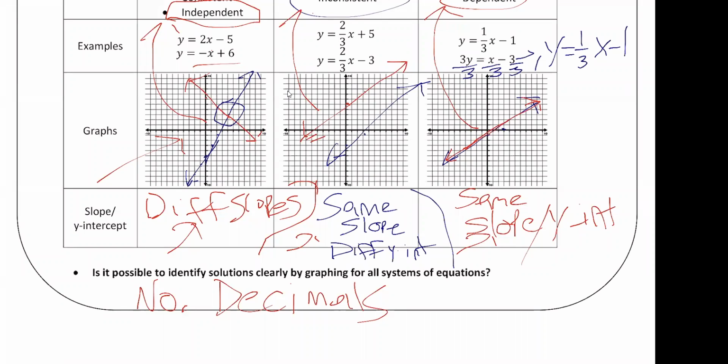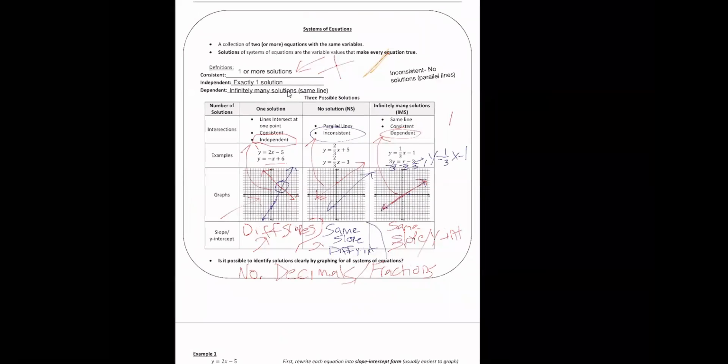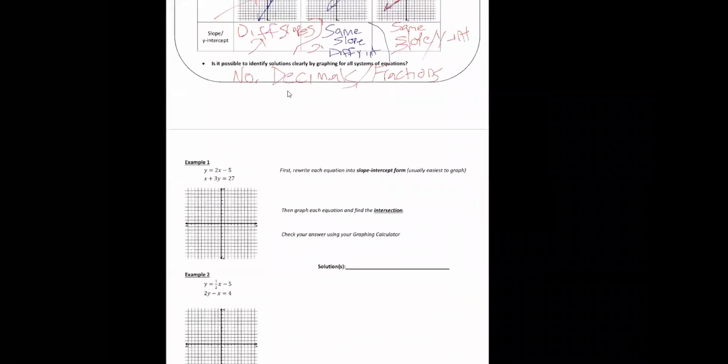But if you ever get decimals or fraction answers, it's hard to get an exact answer from graphing. It can give you a good approximation, but if you want an exact answer, that's when we'll use those algebraic methods like elimination or substitution, if you remember doing those in Algebra 1. So I just want to look at a few examples, and we'll wrap up class then.